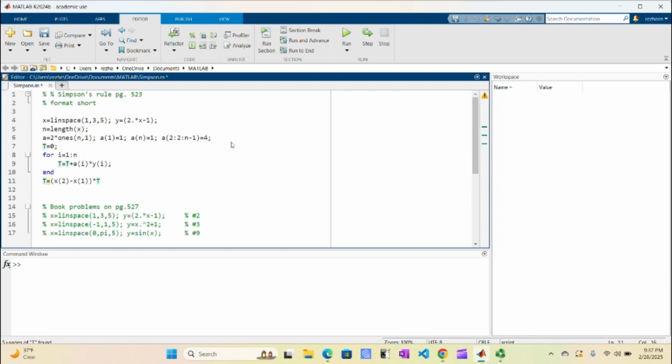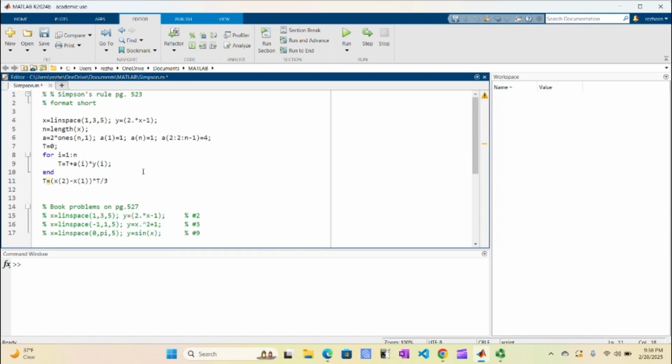That's this long summation, and divided by 3, just like in the textbook. It was delta x times the long summation over 3. And this is how we calculated the long summation. We're gonna increment and account for each time that we sum up to n times. All right, so that's all there is to it.